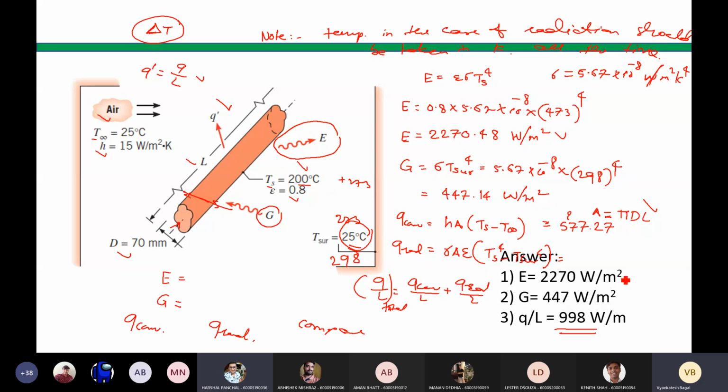577.27. Okay. So this will be in watt per meter, because I am taking L on the left hand side. Or if you put L equal to 1 meter, then you can write this in watt also. It doesn't make a difference. What about radiation heat transfer?